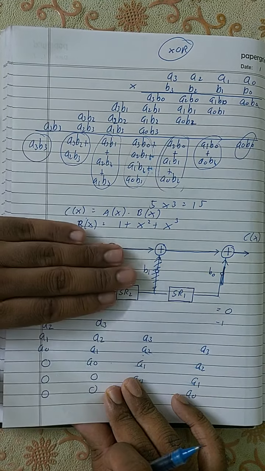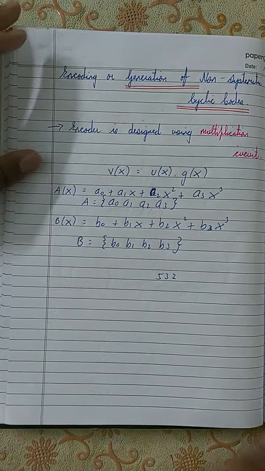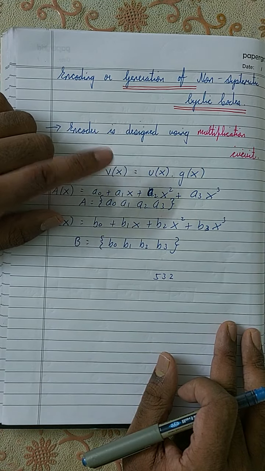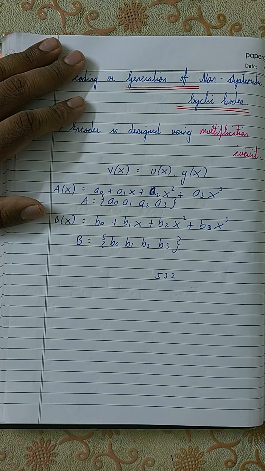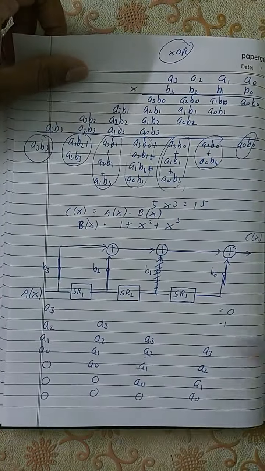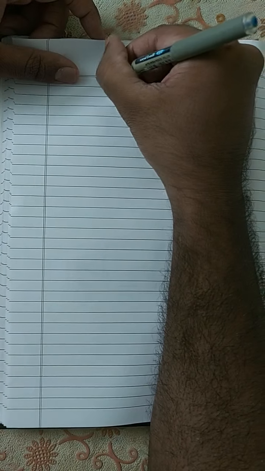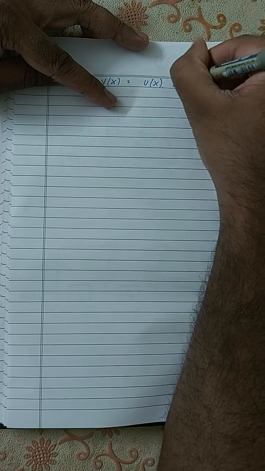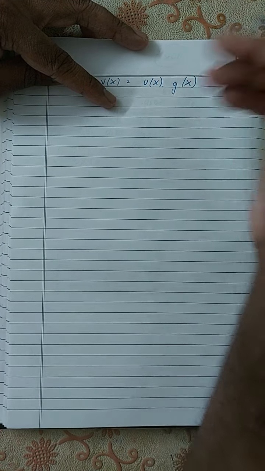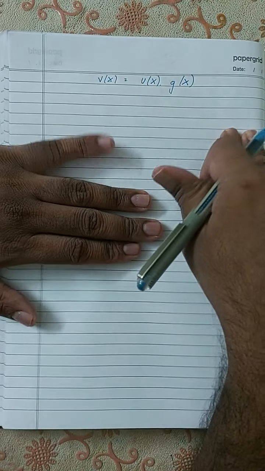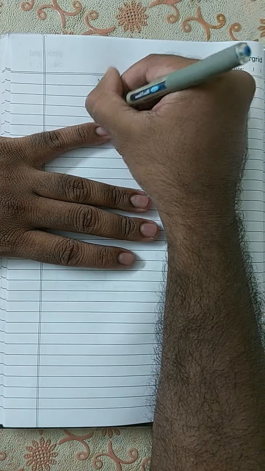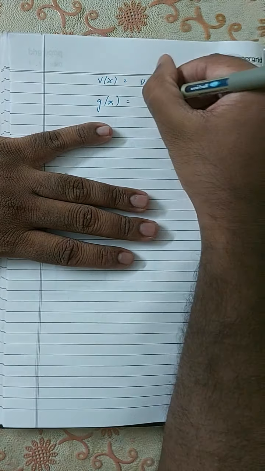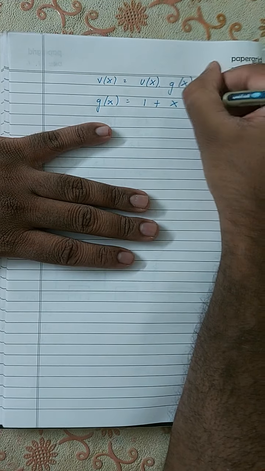Now I have explained to you the actual circuit, so drawing the circuit will become very easy for you. Likewise, let me write v of x is equal to u of x into g of x. In the previous video, for the non-systematic cyclic code, the value of g of x that I had chosen was 1 plus x cube.